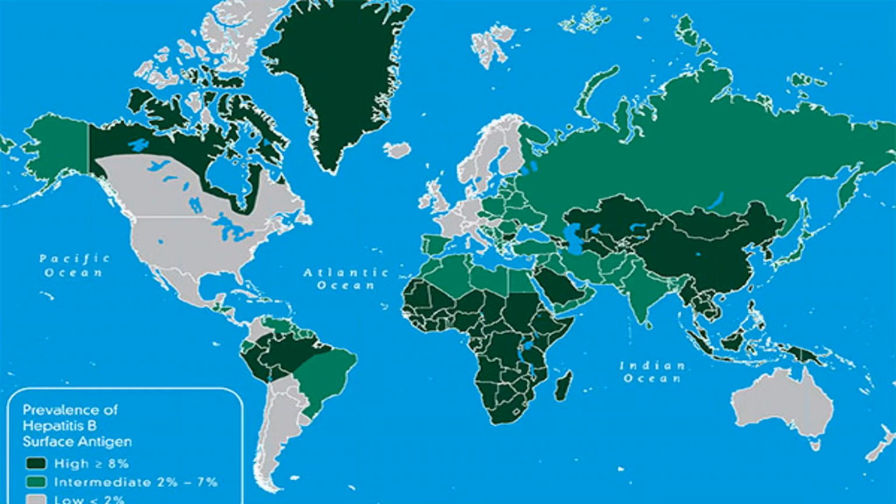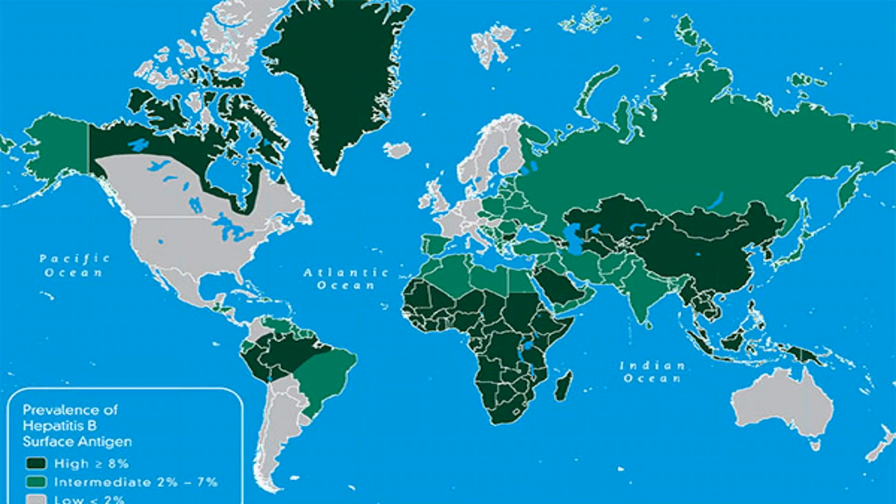It's also really crucial to understanding it is the distribution of hepatitis B internationally. So the darkest colour are countries where the prevalence of chronic hepatitis B is more than 8%.